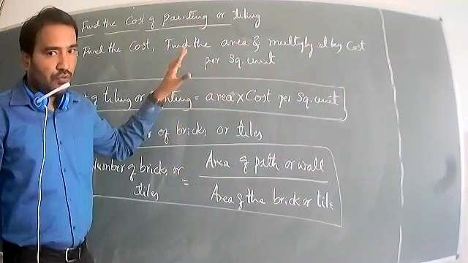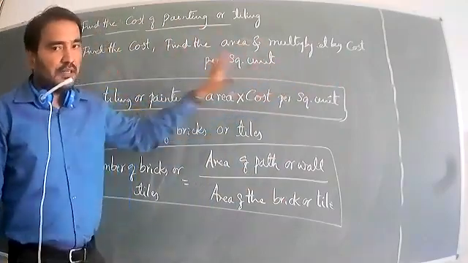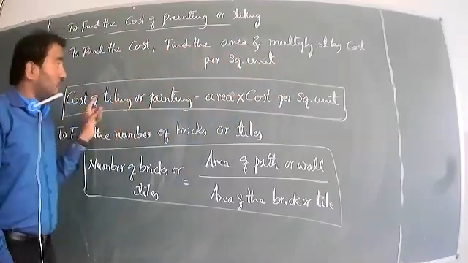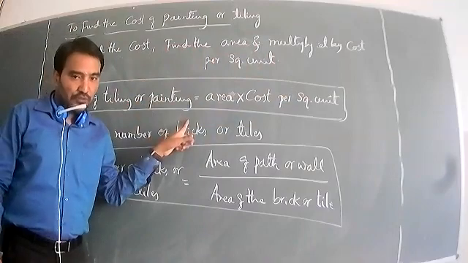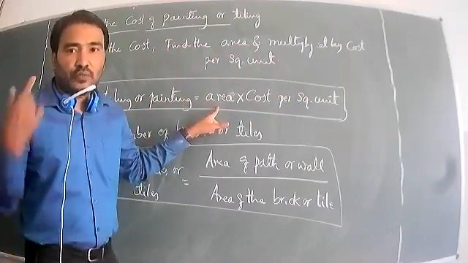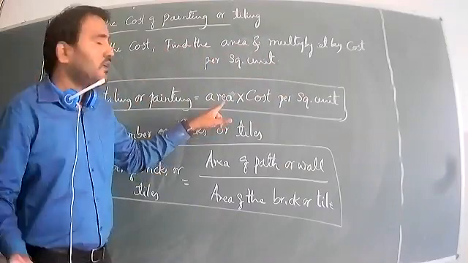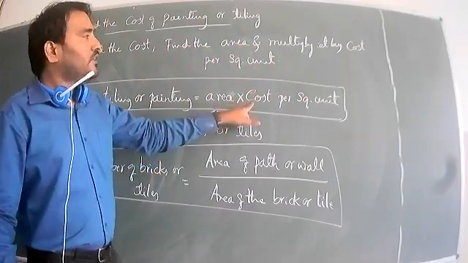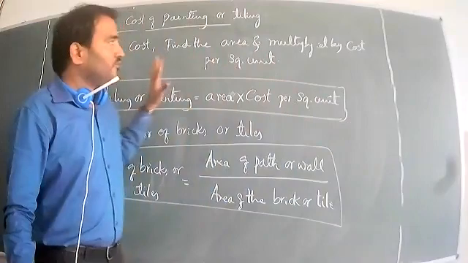If we multiply the area we got by that cost, we get the answer. So the question is asking for the cost of tiling or painting, which equals area times cost per square unit. First find the area: if it is a square, side into side. If it is a rectangle, length into breadth. Next, into cost per square unit.